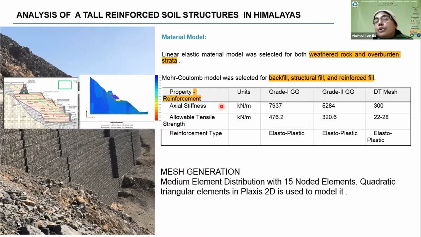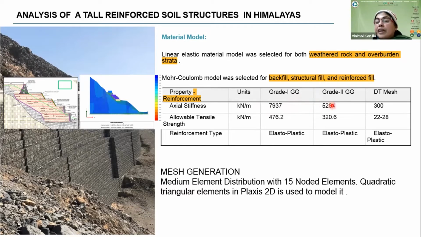So we cannot go for the strength criteria only. In this case, two geogrids were selected as the main reinforcement. The 700 kilonewton per meter geogrid has a stiffness of 7,937 kilonewton per meter.